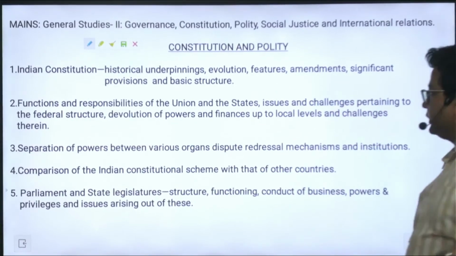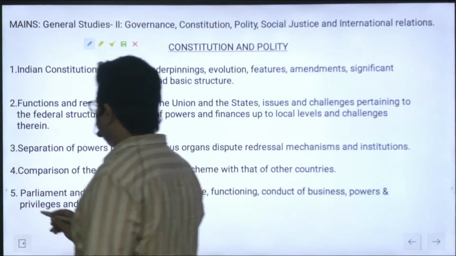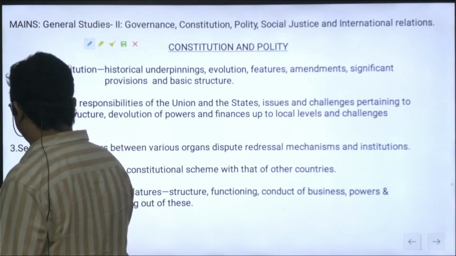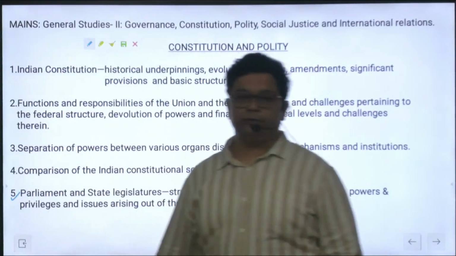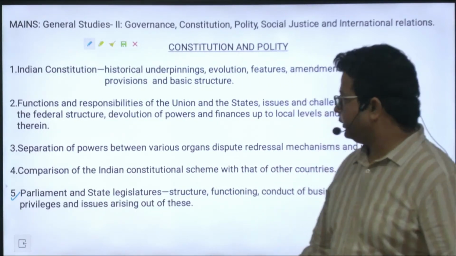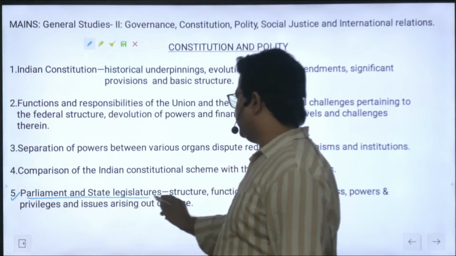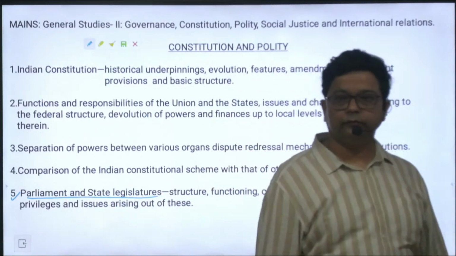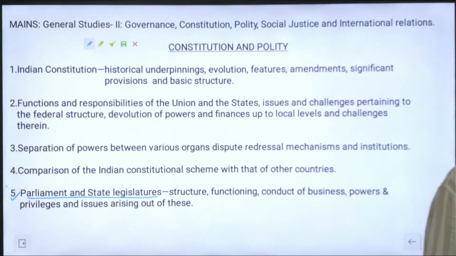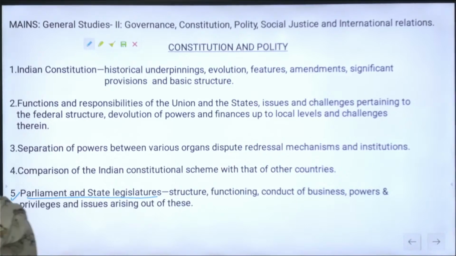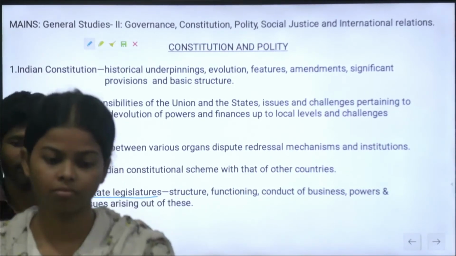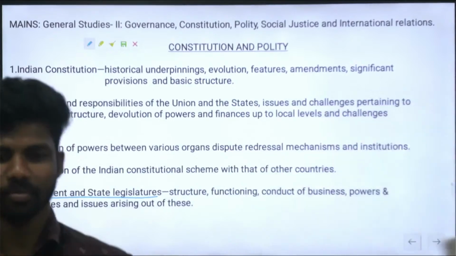Chaliye, so now we will discuss the next point given in the syllabus, the fifth. Now the fifth talks about parliament and state legislature. We should understand which form of government we follow: a parliamentary form of government or a presidential form of government?